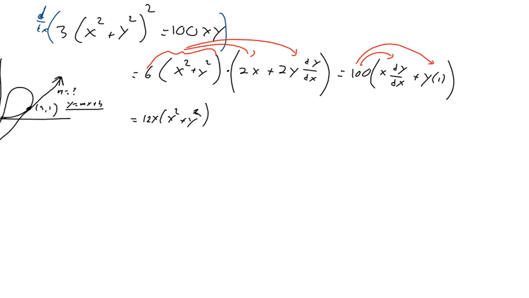I don't really need to separate the x and the y here. Plus 6 times this is 12y dy/dx times x squared plus y squared. That's all fine. Equals 100x dy/dx plus 100y. Everyone got that?